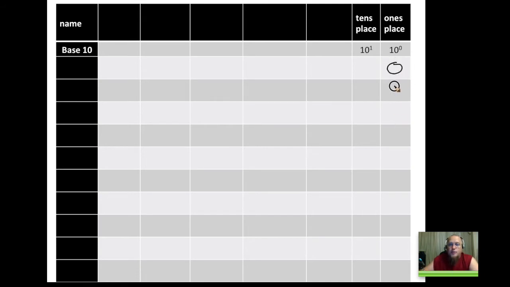And then as we increase by 1 and then increase by another 1, we get 2, and then increase by another, and so on, all the way until we get up to the highest value in this column, which happens to be 9, right? Which is 1 less than the actual base, is how you figure it out. So if we were on a base 16, then your highest value will be a number that represents 15, or in base 8 the highest number would be a number that represents 7.